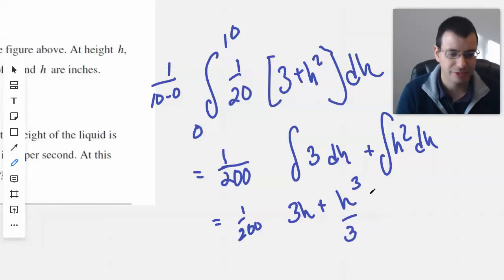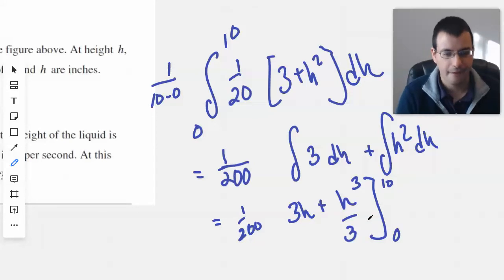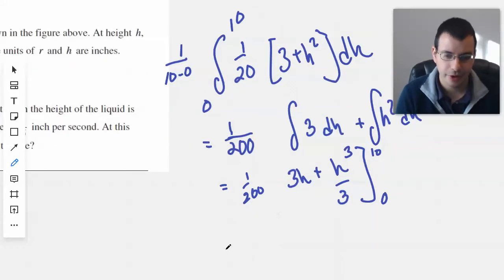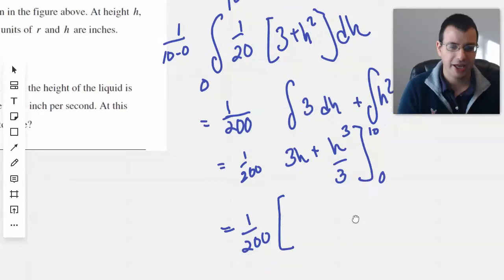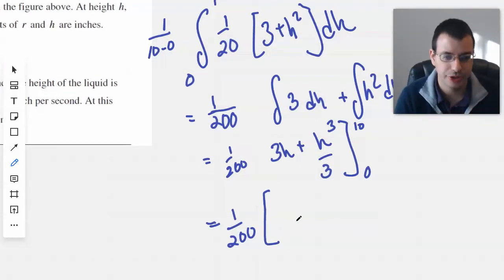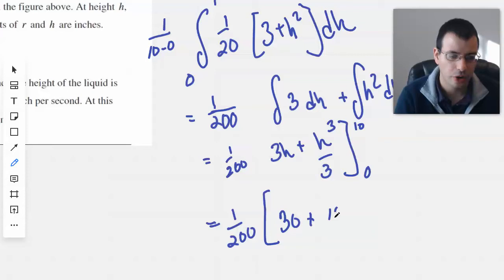I guess I really didn't need to split that up, did I? It's okay. 1 over 200, probably should have a big parentheses there. And I'm going to ignore the zeros because 3 times 0 will be 0, and 0 cubed will also be 0. So we will have 30 plus 1,000, because that's 10 to the third, over 3.